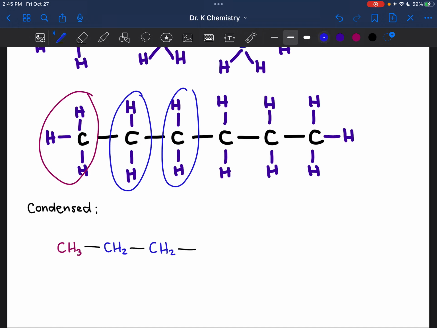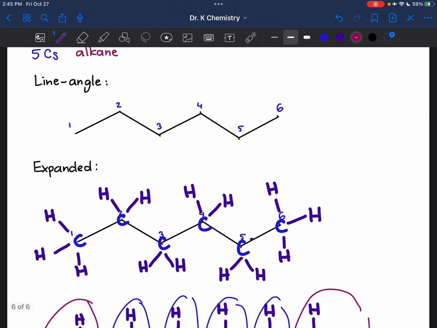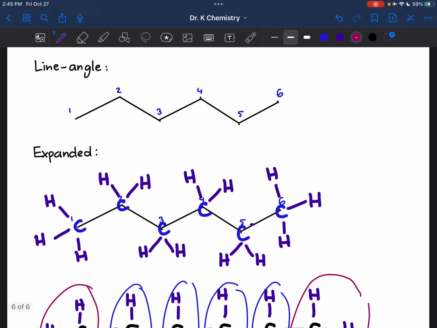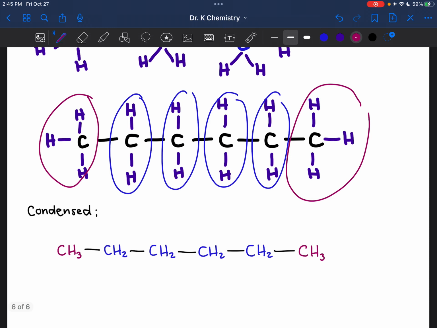And I'm just going to go down the line and draw all of these CH2s until I get to the end of the molecule. And when I get to the end, I find that there's another CH3 unit. So I can leave that as a CH3. And that is my condensed structural formula. So I think it helps to start with the line angle, first expand it out fully so that you can see all of these CH2 units in between, and then convert it into a condensed structure.